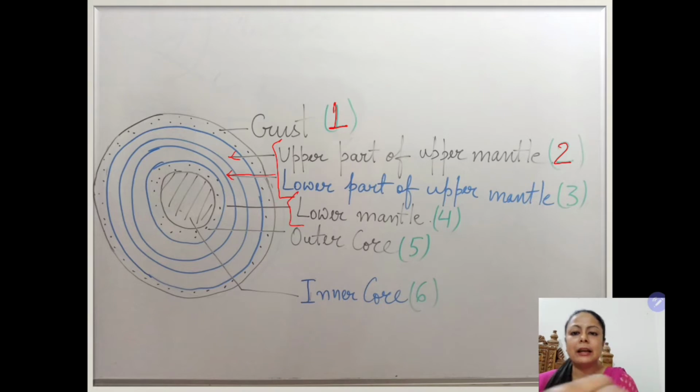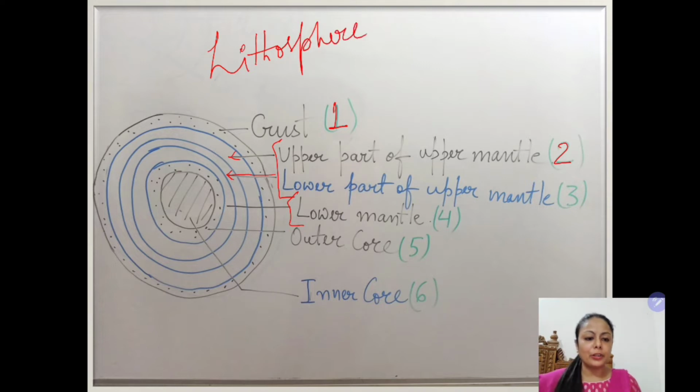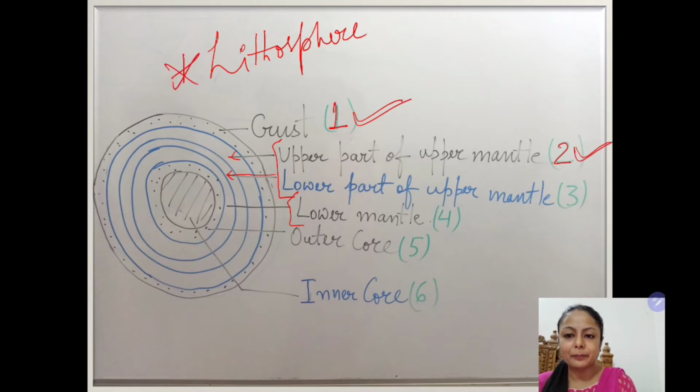So children, we have discussed about the word lithosphere. So what do you mean by lithosphere? Lithosphere consists of the crust and the upper part of upper mantle. So 1 and 2 together forms the lithosphere.